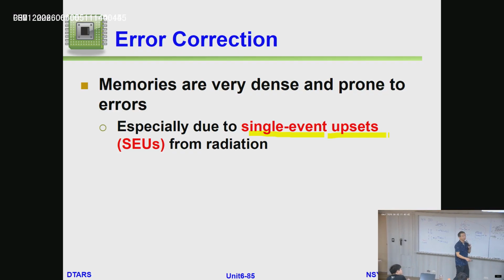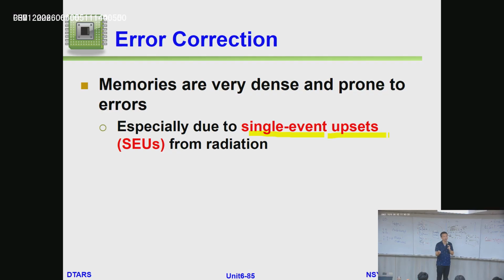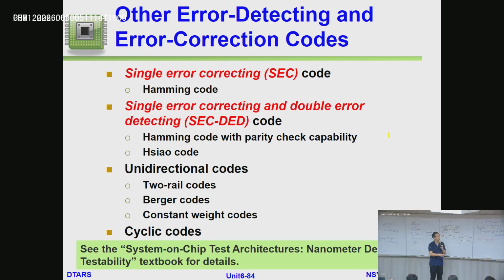So we hope our memory can have some capability to detect and correct errors. Because radiation usually causes single event upsets, meaning only one bit will have an error, if we have SECDED, then this error must be detected, and even corrected.